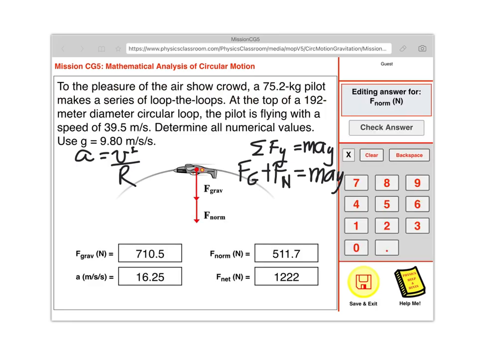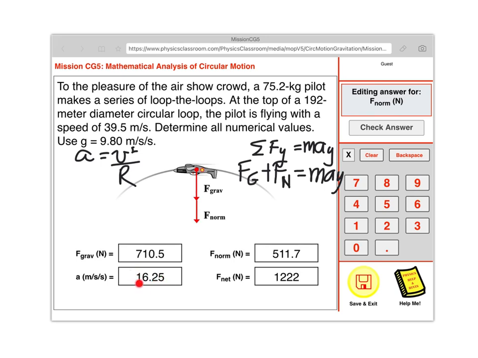Okay, same thing. F grav, mass times g, acceleration, v squared over r. Notice this is the diameter. In fact, when I did it, I used 192, and I knew I had the wrong number because the acceleration was less than 9.8. If the centripetal acceleration were less than 9.8, the pilot would fall off the seat. So yes, that's the diameter, so the radius is 96.